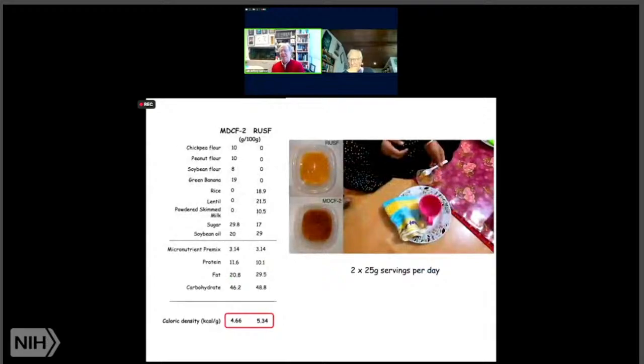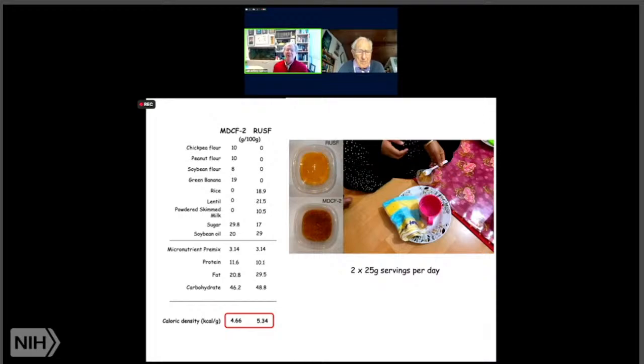So with this pre-POC study in hand, a second proof of concept study was performed with MDCF2, our lead, and RUSF, the commonly used intervention. You can see the complementary foods that are represented in MDCF2: chickpea flour, peanut flour, soybean flour, green banana. In RUSF, it's principally rice and lentil and some skim milk.